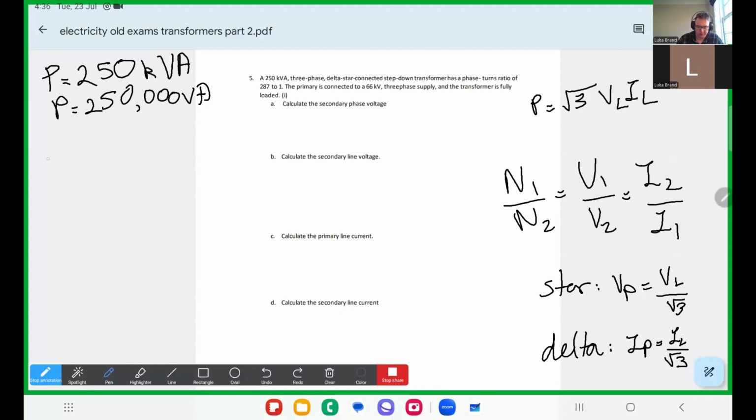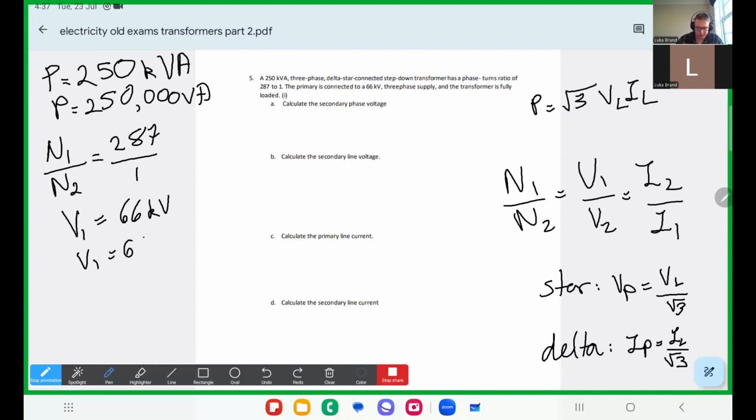Multiplying by 1,000. Then I have that the number of turns ratio N1 over N2 equals 287 over 1. I also have that the primary, so V1, is 66 kV, which I can then convert to volts by multiplying by 1,000.